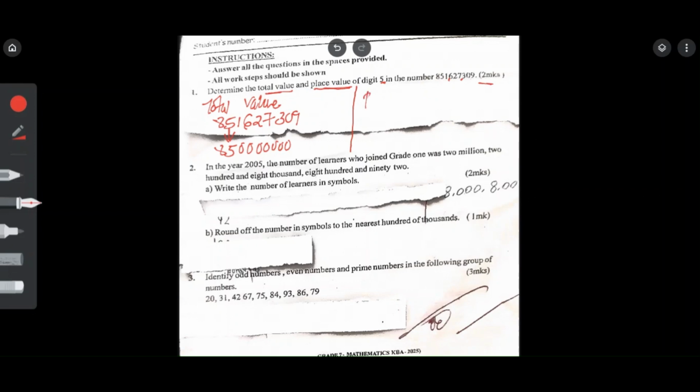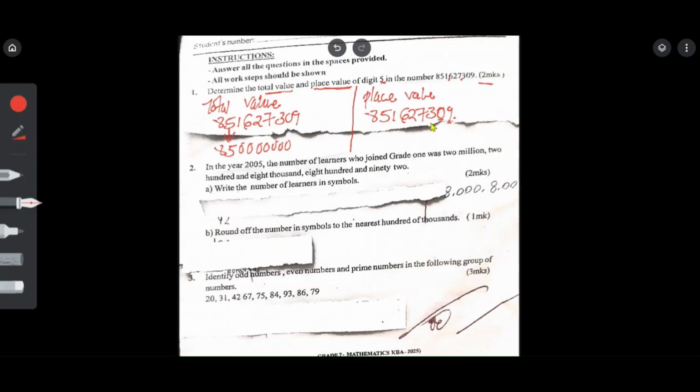If I come to the place value of this, I'll just write the number again, 851,627,309. We begin by identifying the place value of every digit until we get to 5. The decimal is somewhere here, so the place value of this one is ones.